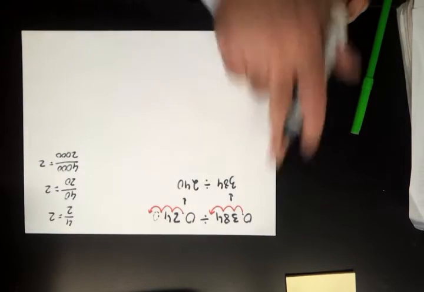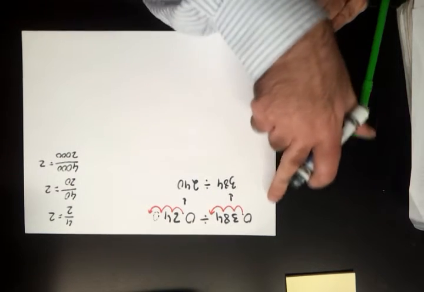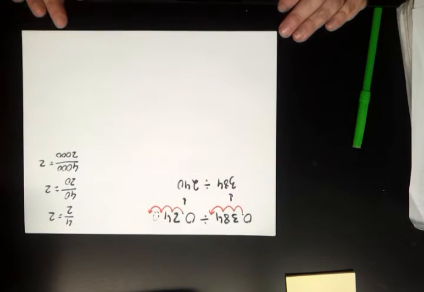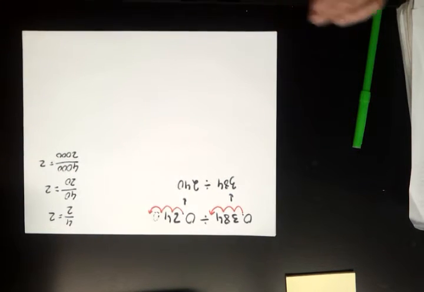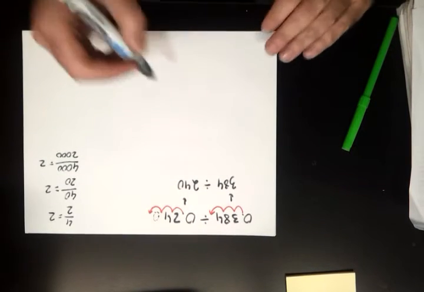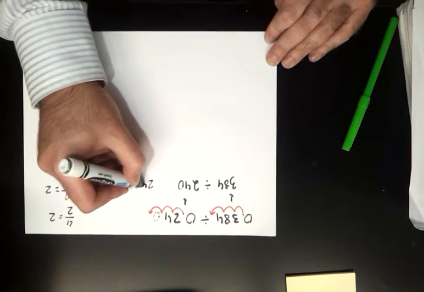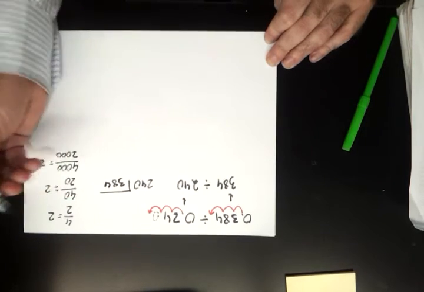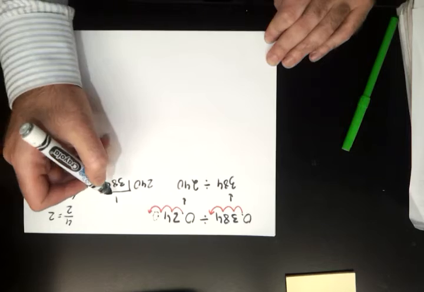So here I can make them whole numbers. I literally multiply the 0.384 by 1,000. That's what it means to move the decimal over 3 times. And I multiply the 0.24 by 1,000 as well to keep everything fair. And now I have whole numbers. Yay! Whole numbers are easy to work with, because now I have a long division problem that's fairly easy to complete. 240 goes into 384 once.